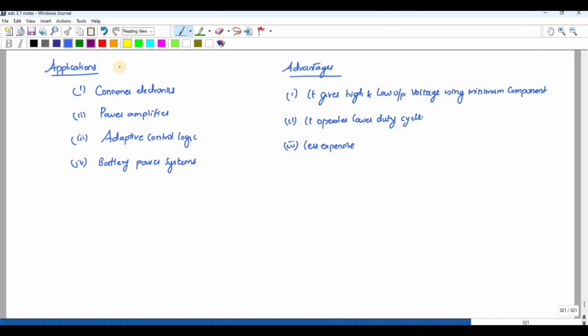Next let us discuss the disadvantages. Here the switch we have used doesn't have a terminal at ground.